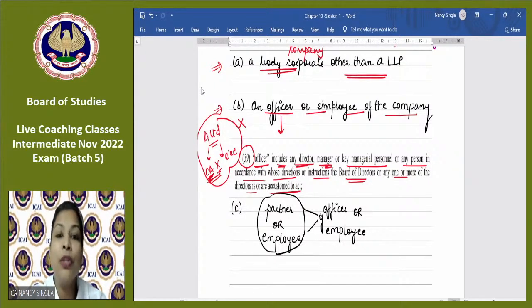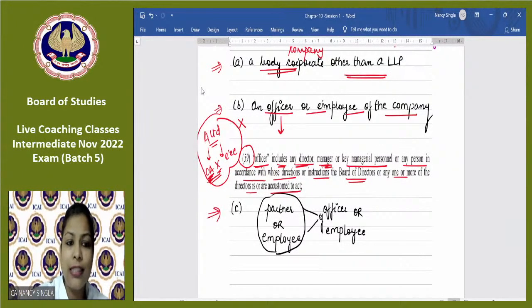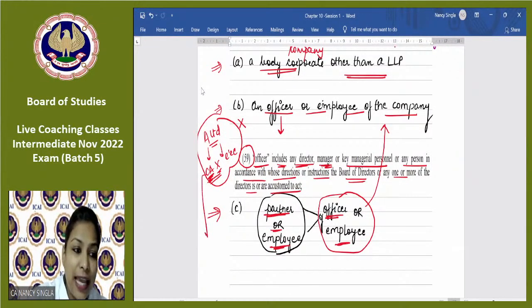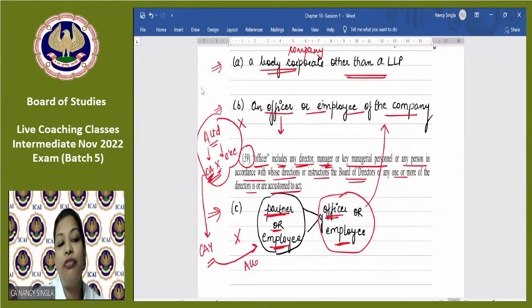Okay? Clear? So first is a body corporate other than LLP; an LLP can be appointed as an auditor of the company. Then an officer or employee of the company. Now from clause B comes out clause C also, that is a partner or employee of an officer or employee of the company. So let's say CA X, if he has a partner CA Y, then CA Y can also not be appointed as auditor of A Limited.